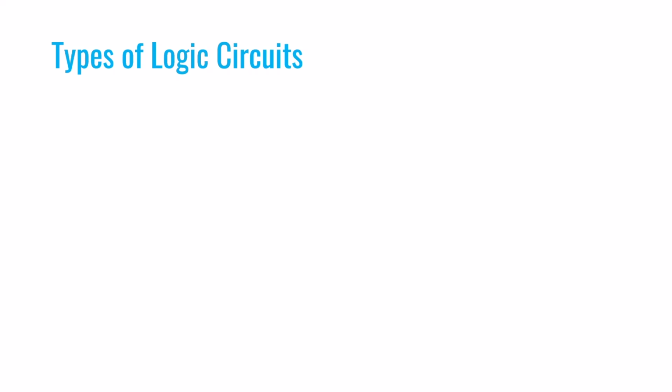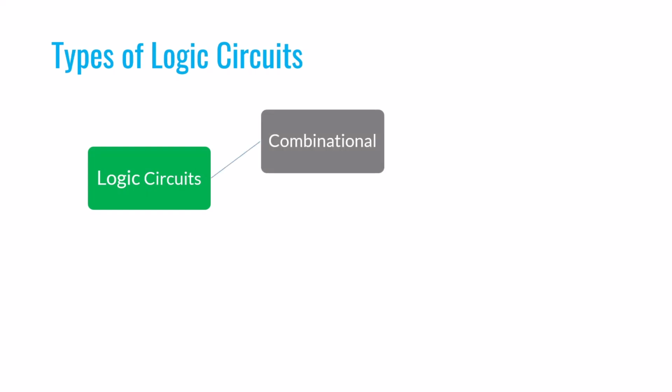You might remember from your digital logic courses that logic circuits generally fall into two categories: combinational circuits and sequential circuits. Combinational circuits are those whose output at any given time depends solely on the inputs at that moment. Examples of combinational circuits include multiplexers, demultiplexers, decoders, and encoders.